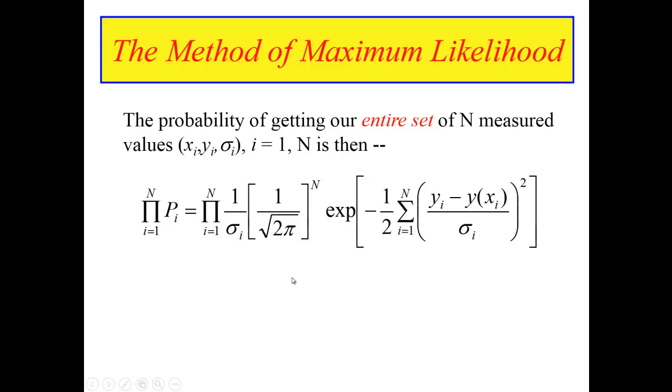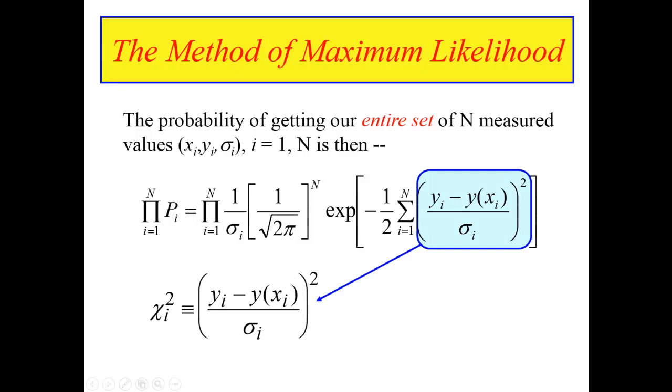And again, you've seen this before in the context of our linear fitting function. So what we now have to do with this term here is we generally define this summand as the chi-square value associated with data point i. And then the total chi-square value is the sum of all of those individual chi-square values.